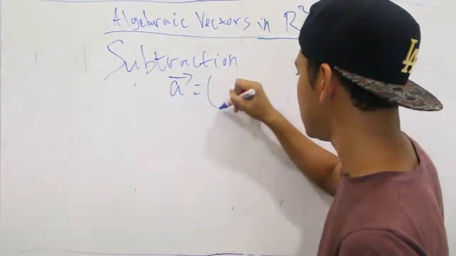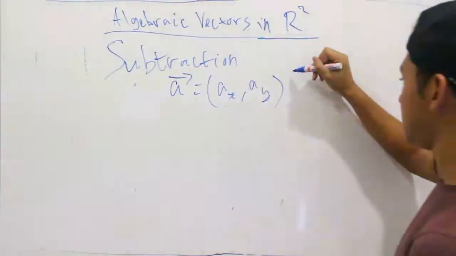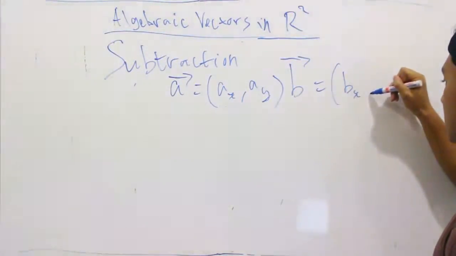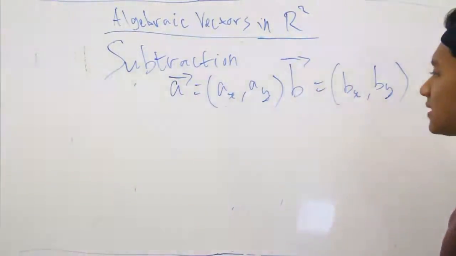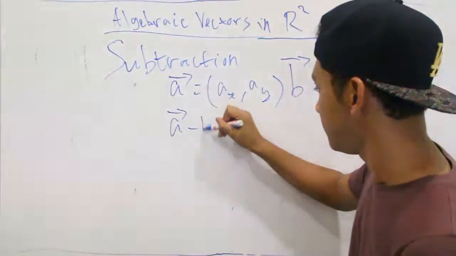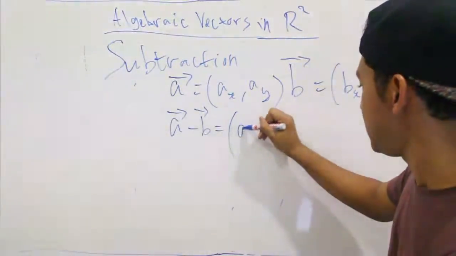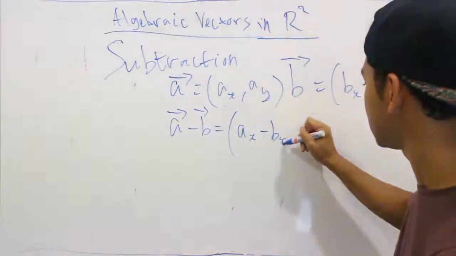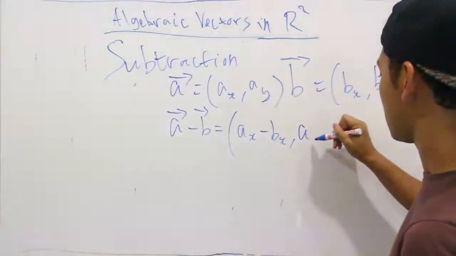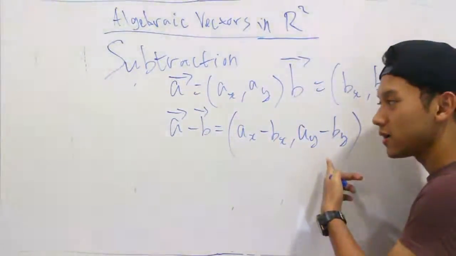Let's say vector A is AX and AY, and vector B is equal to BX and BY. Same thing. A minus B is basically AX minus BX to find the new X coordinate, and AY minus BY to find the new Y coordinate.